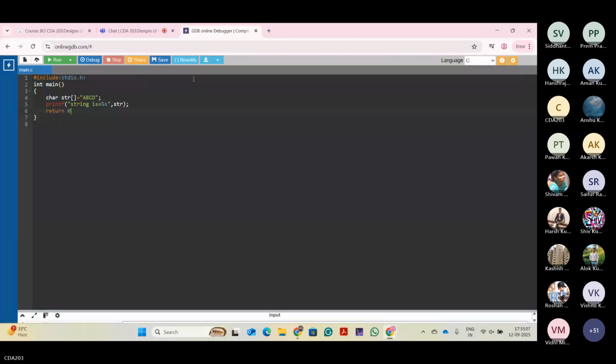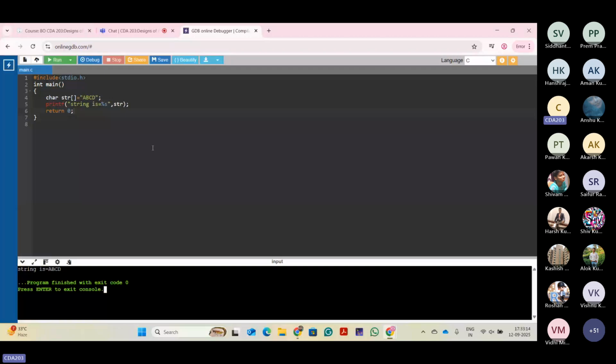The code will give you ABCD. The idea of why we are focusing on strings is that we will convert our numbers into strings, do the computations from there, and after that convert them back to numbers.